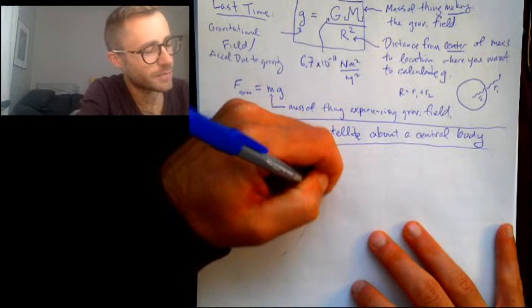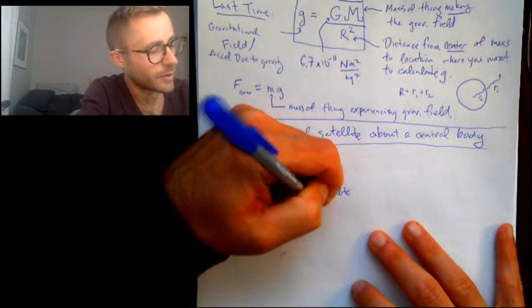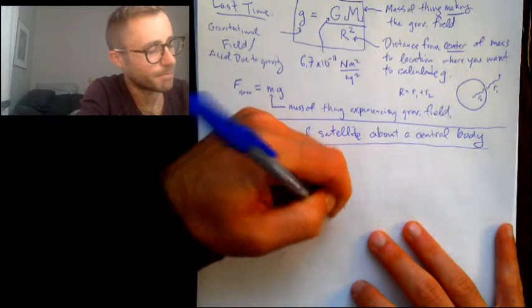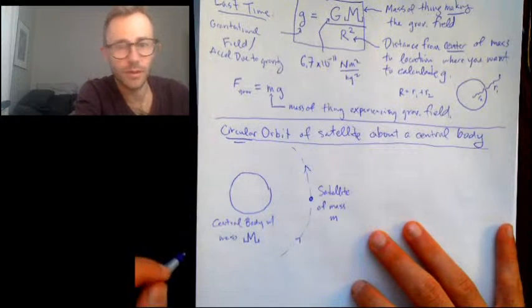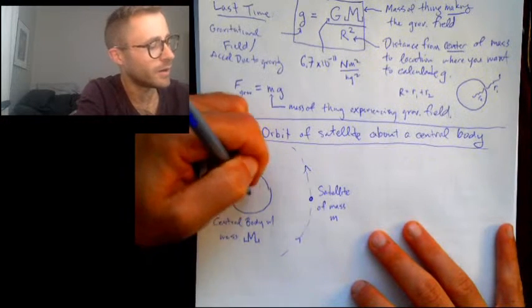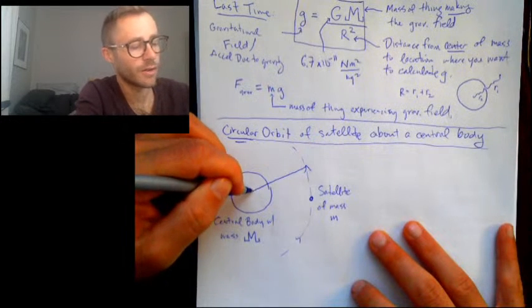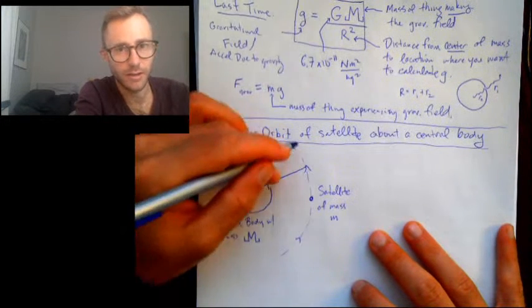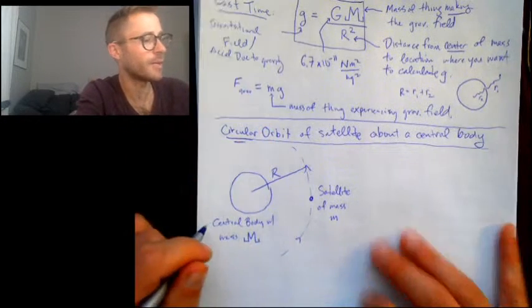The satellite has mass little m. So the satellite is going in an orbit around the central body. The distance between the center of the central body and the edge of the orbit is big R.